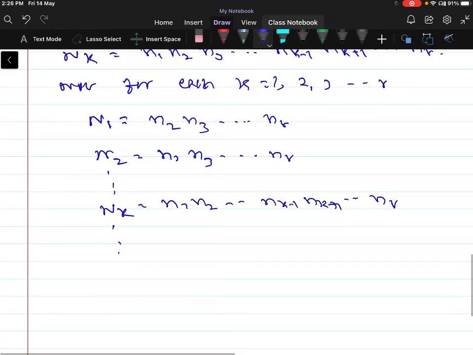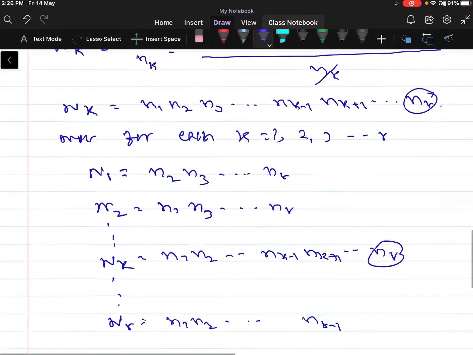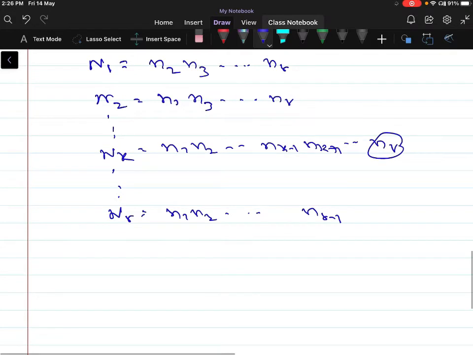And so let us define capital N, that is n1 into n2 and so on nr minus 1, nr, and sorry, here nr divided by nr gets cancelled, so capital Nr is n1 into n2 and so on nr minus 1.